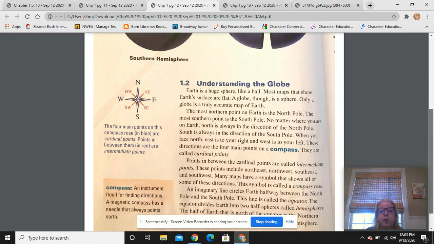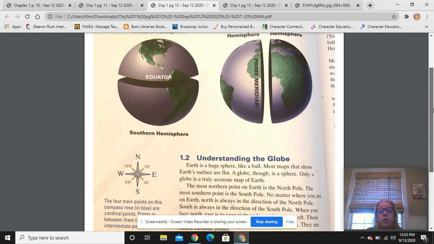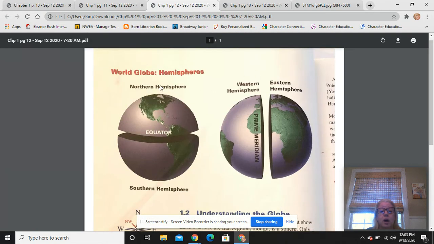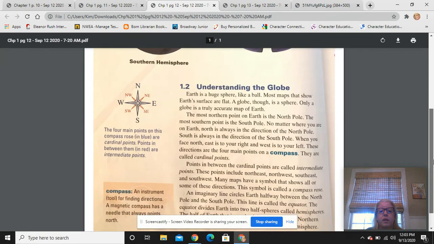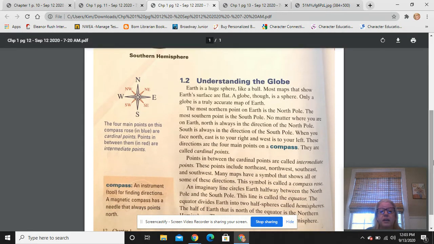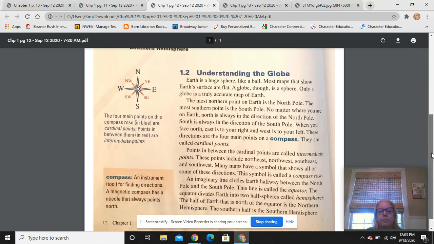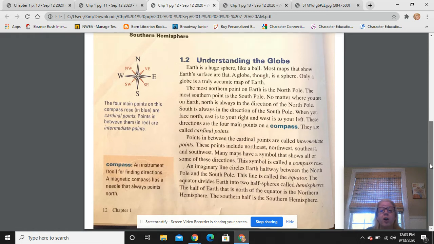The most northern point on Earth is the North Pole, which would be right up here, the tippy top of the Earth. The most southern point is the South Pole. So that would be all the way down here at the very bottom. No matter where you are on Earth, north is always in the direction of the North Pole.